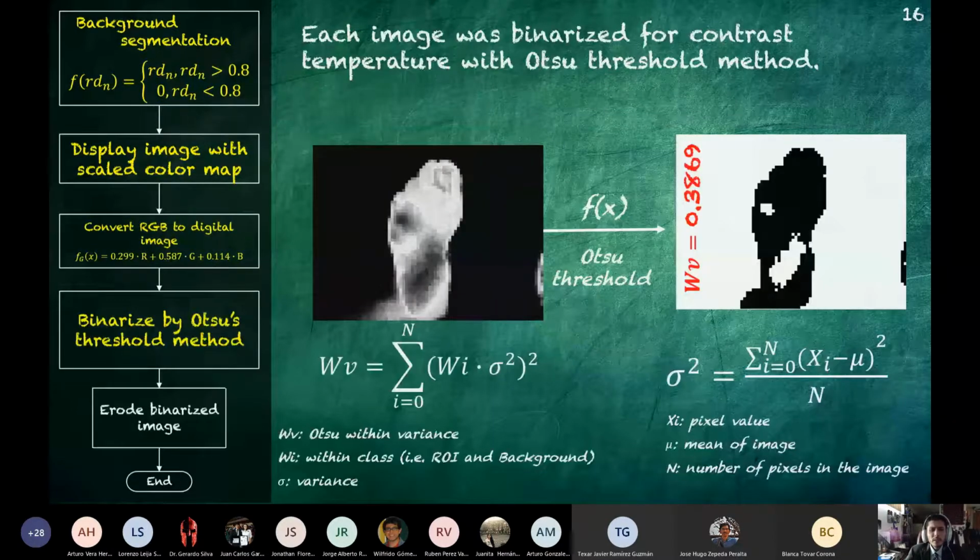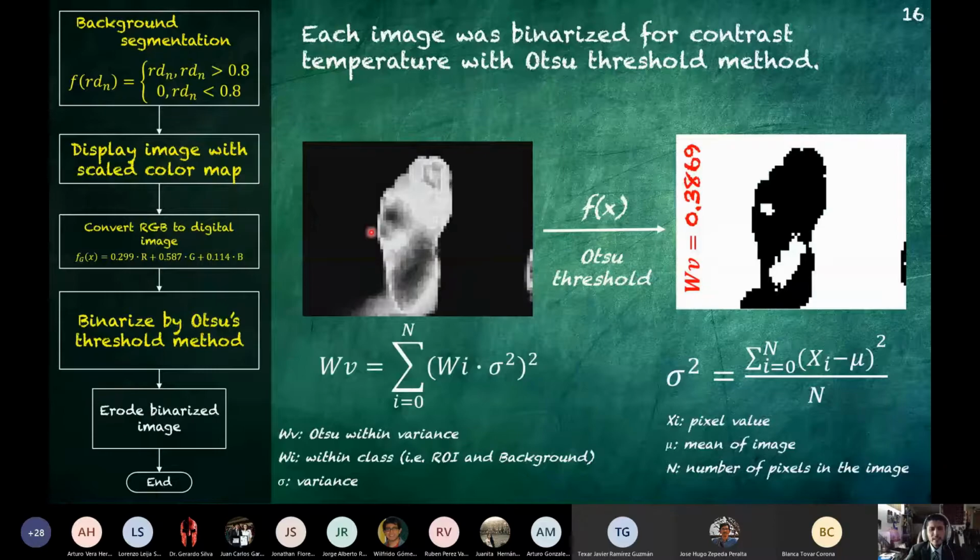Once we transform the image into grayscale, we binarize the image through the Otsu threshold method, which is one of the most classical. The Otsu threshold method is just a variance within 2 classes. For instance, we have 2 classes, the region of interest and the background.